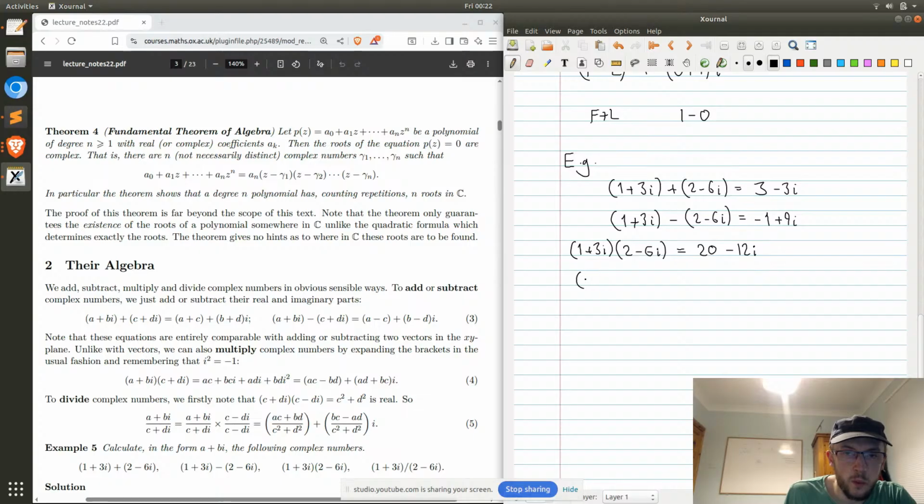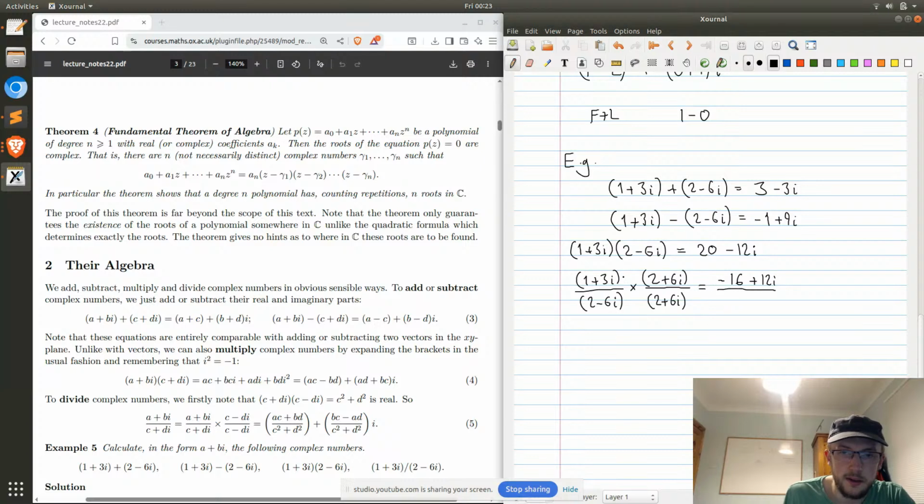And now 1 plus 3i over 2 minus 6i. So let's times the top and the bottom by 2 plus 6i. On the top, we get 2 minus 18, which is minus 16. And then 12i.